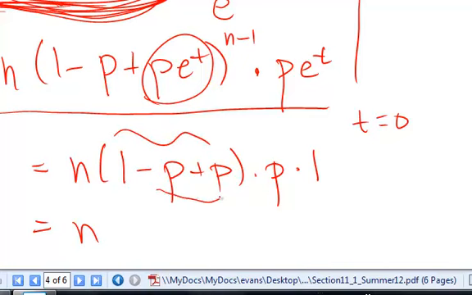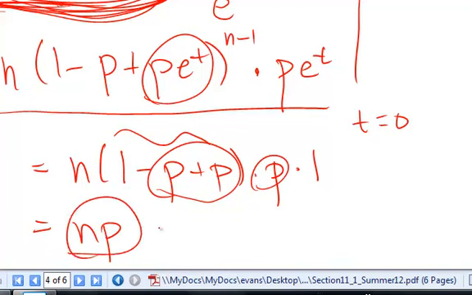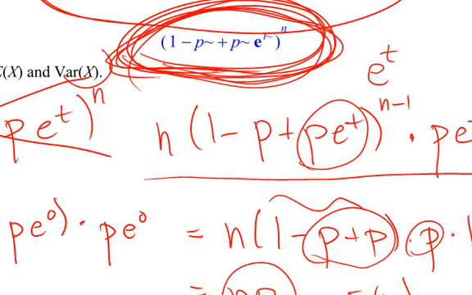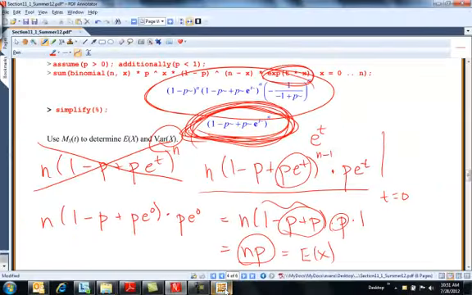This is minus p plus p, which is 0, so this is 1, and this is p. So this is just n times p, which you already know is the expected value of a binomial. So that makes sense. To find the variance, I would take the second derivative to find the second moment. I did this in, let's go backwards, I did this in Maple.